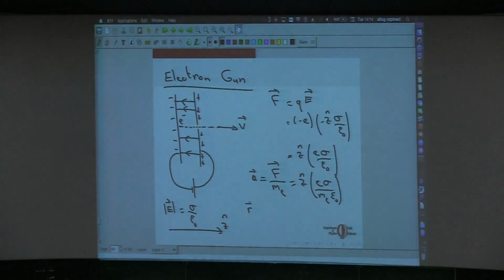as a function of time, 1 over 2 AT squared, if you assume that initially it is at rest, and this is the 0 point. This is in the Z direction, E sigma over epsilon 0 times T squared.